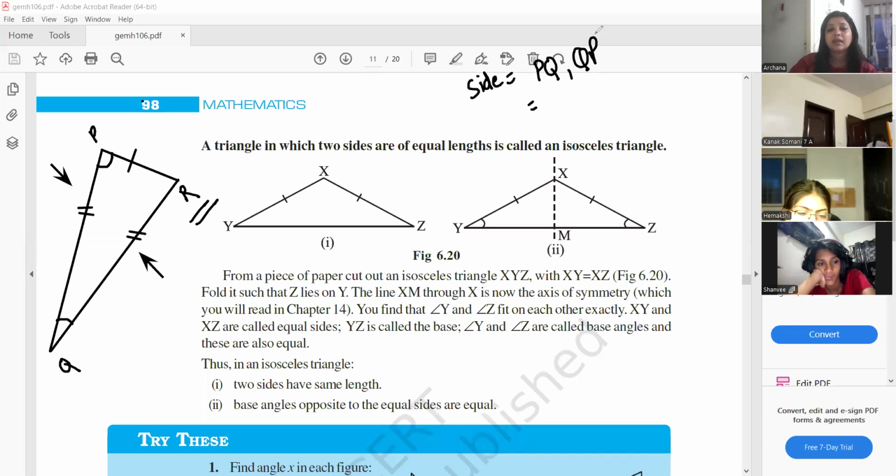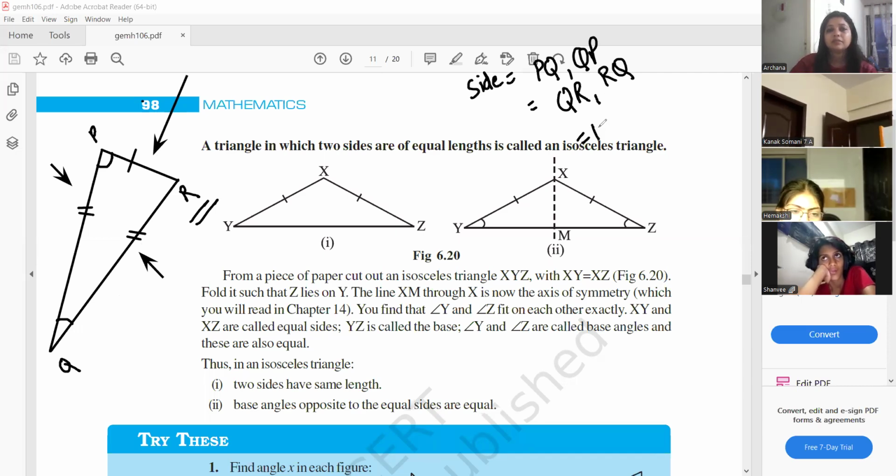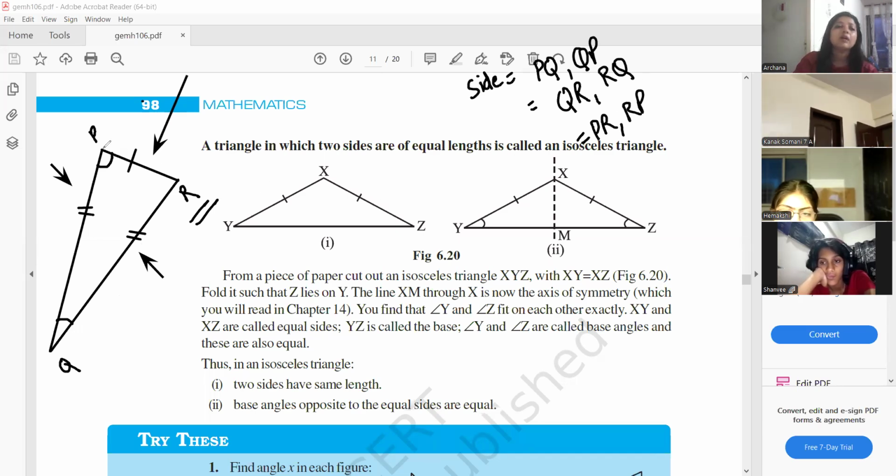QR. And RQ. Very good. How about the third side? PR. PR and RP. Okay.